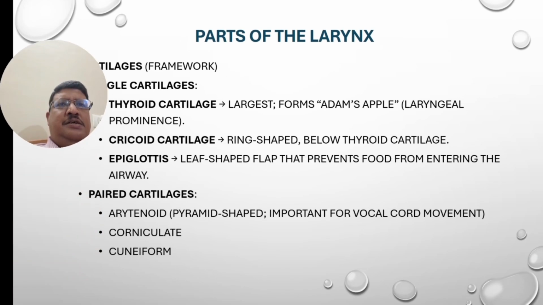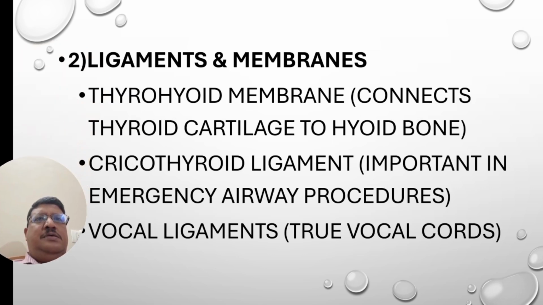Another group is paired cartilages: arytenoid, corniculate, and cuneiform. Second is ligaments and membranes. The thyroid membrane connects the thyroid cartilage to the hyoid bone.